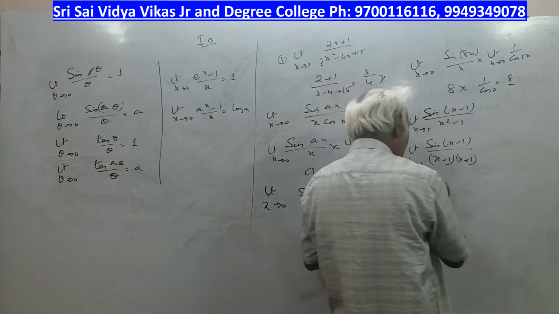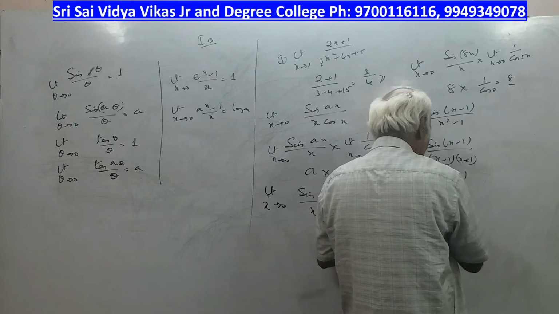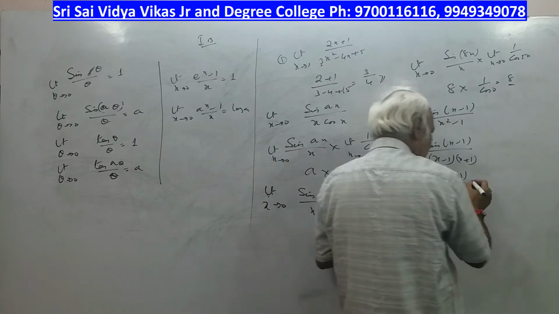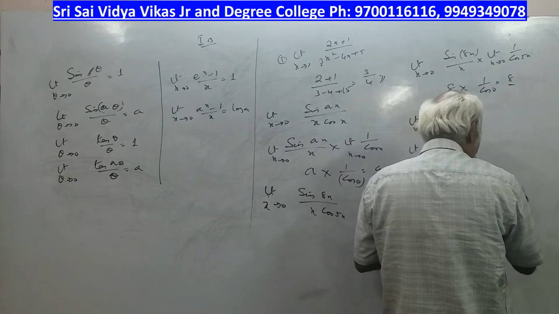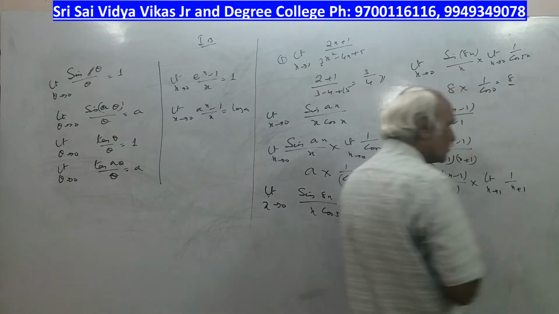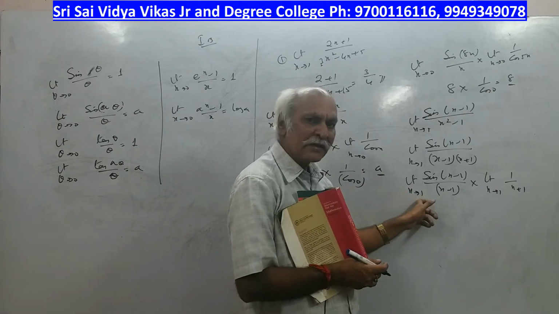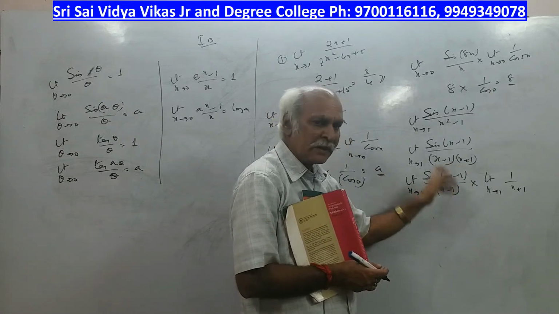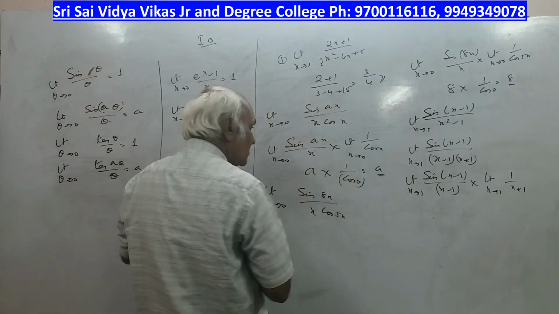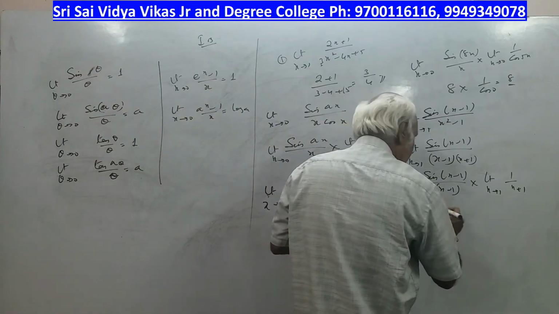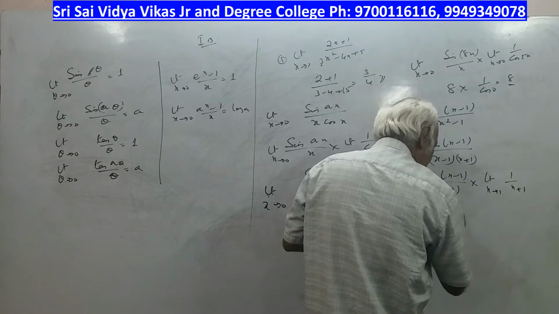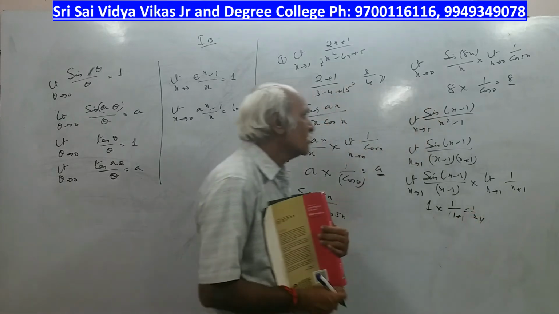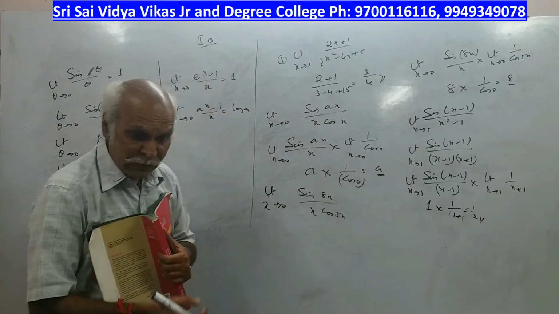So, this can be written as limit x tends to 1 of sin of x minus 1 by x minus 1, into limit x tends to 1 of 1 by x plus 1. Here x minus 1 tends to 0, so again it is the same formula: sin theta by theta is 1. So, this is 1 into 1 by 1 plus 1, that is 1 by 2. So, formula application. Please note this down.